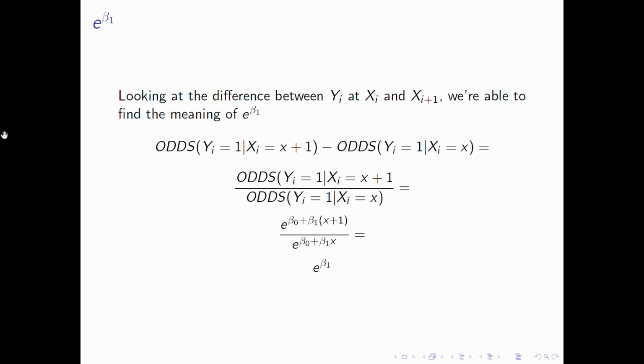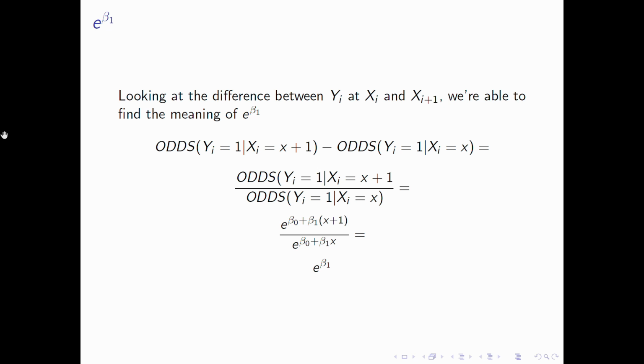In looking at the difference between yi at two different times, at xi and xi plus 1, we're able to break down the meaning of the exponential term to the beta 1. You might want to pause the video right now to check out this proof, just so you don't have to do it in live time.